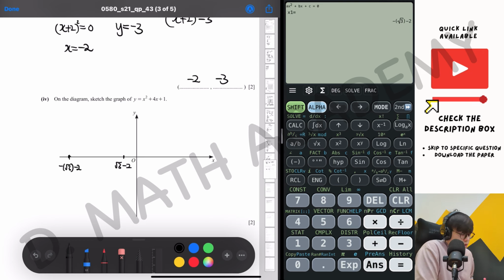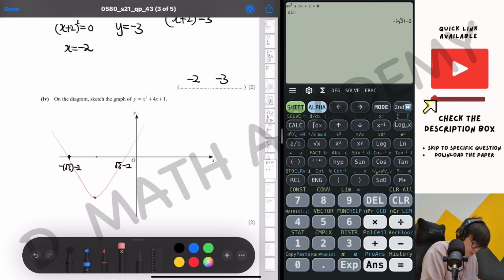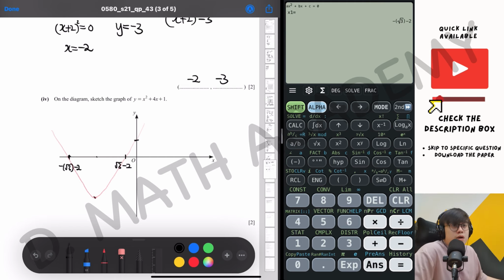And our turning point is somewhere at the center. Maybe this is our negative 3 here, and then this will be our 1. So when you draw it out, it will look something like this. Okay, this will be your final answer.